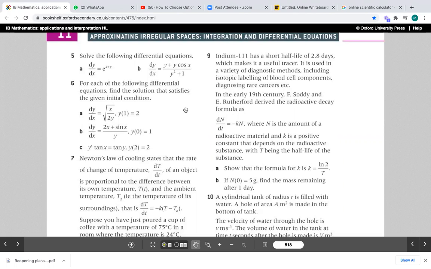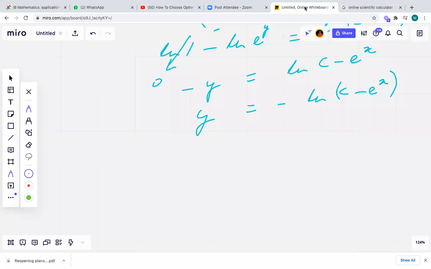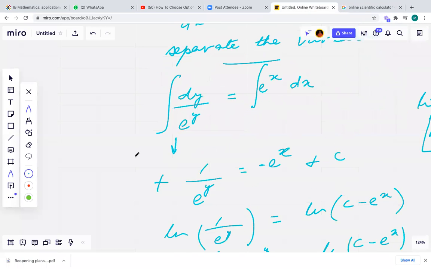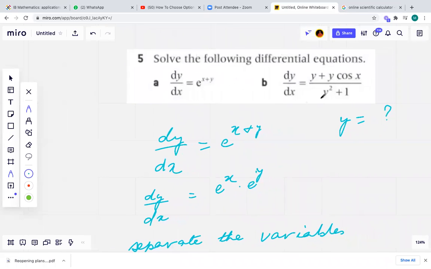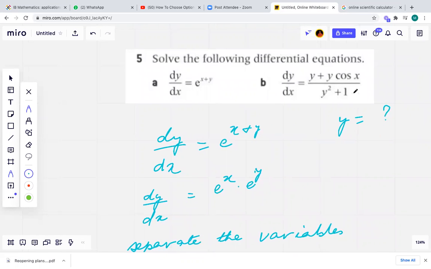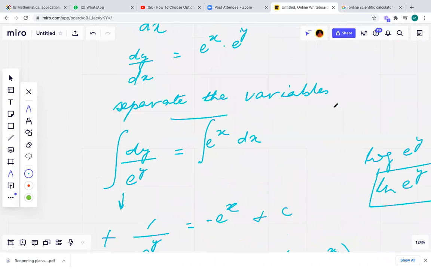Here, this one. dy by dx is y plus y cos x upon y square plus 1. Okay.